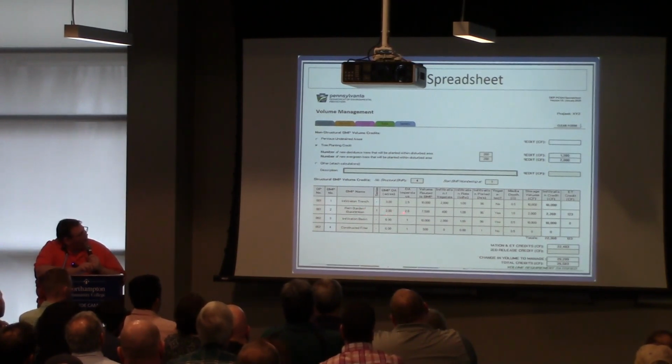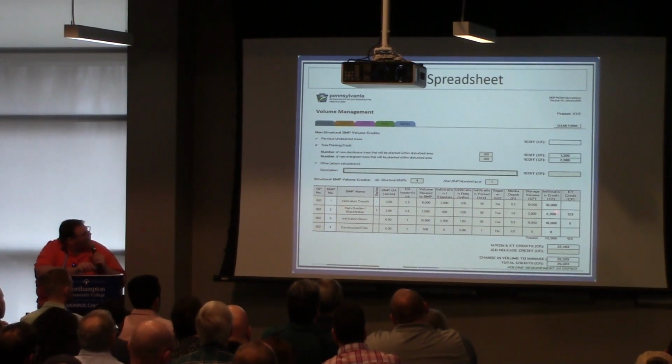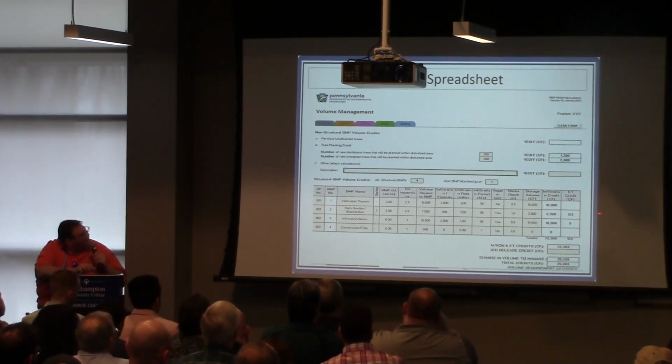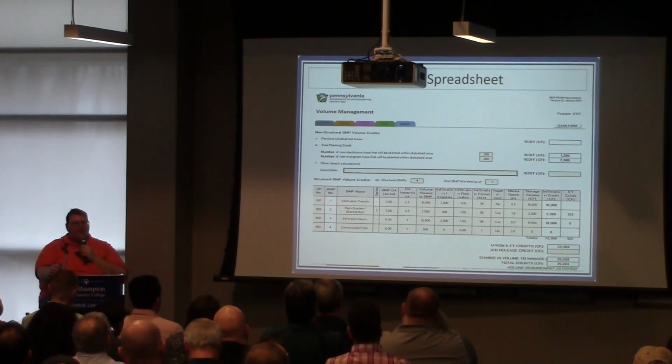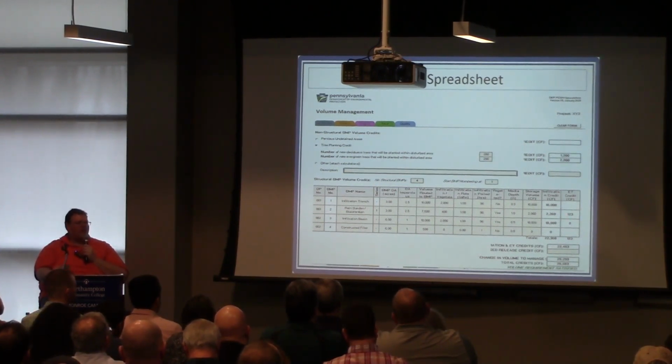So you then drop in your BMP areas, your volumes, and so on and so forth, and then it'll calculate the credits down here. And something new is the evapotranspiration credit that you'll get for some of these BMPs. Now, the new BMP manual speaks to evapotranspiration and makes much more credit available for some of these BMPs.